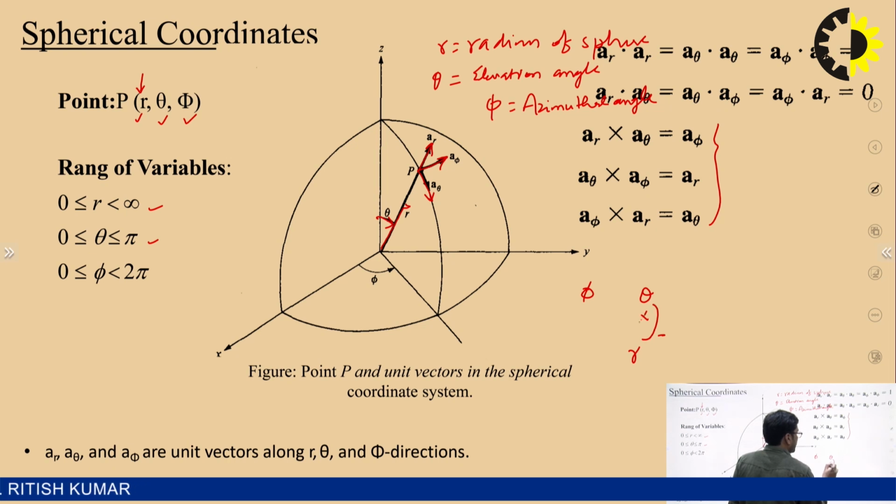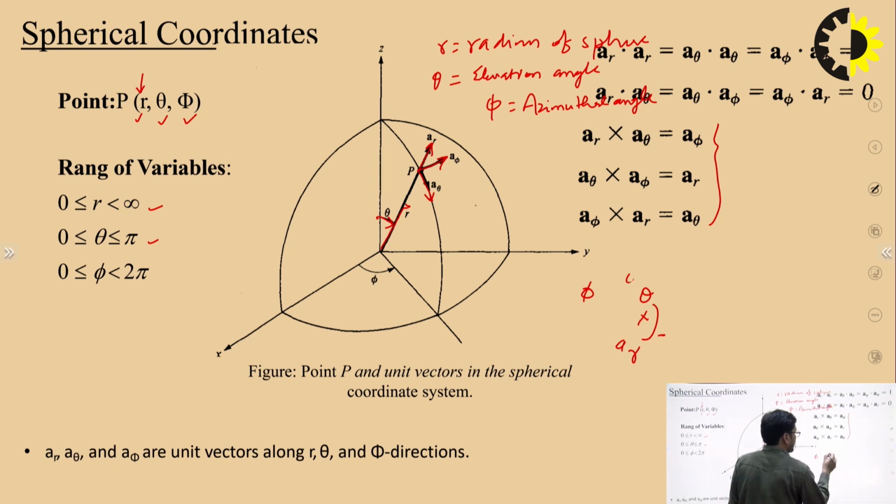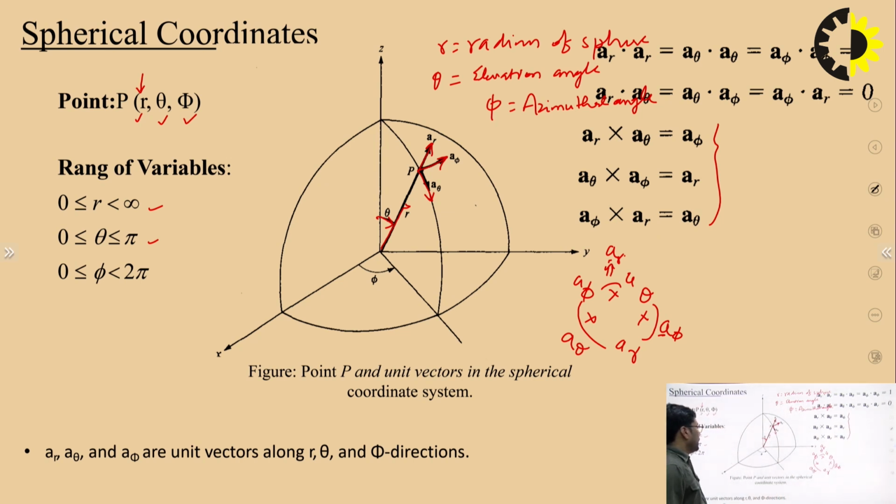The cross product of the unit vectors AR and A theta gives A phi, A theta cross A phi gives AR, and A phi cross AR gives A theta, right. AR, A theta and A phi are the unit vectors in the spherical coordinate system, and all are perpendicular to each other.